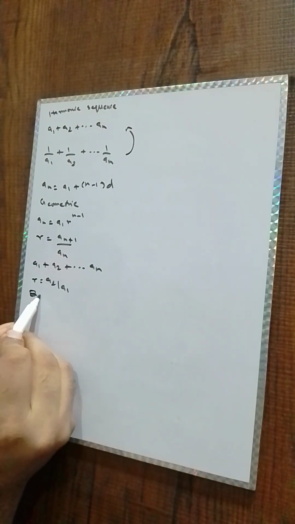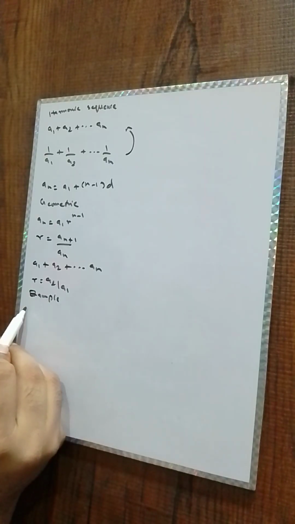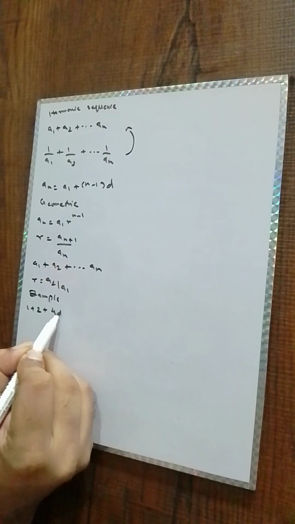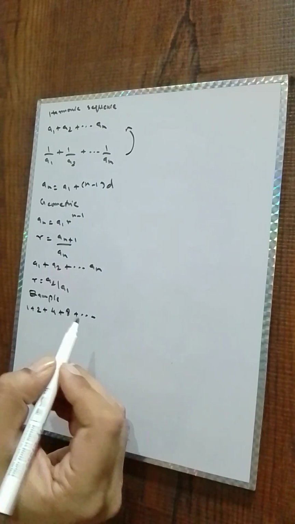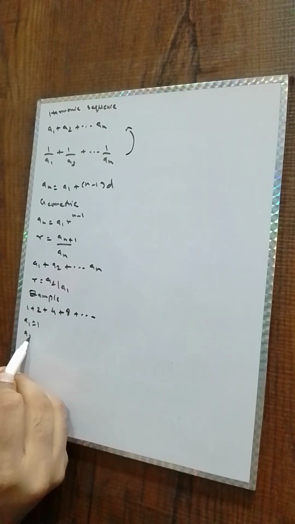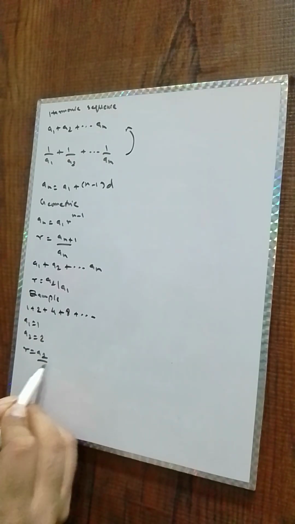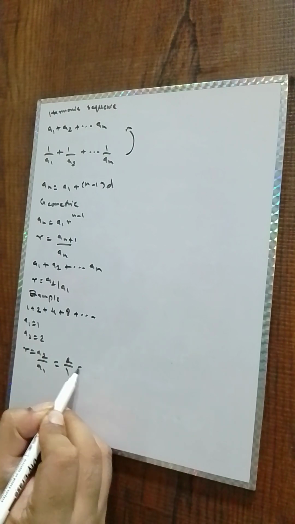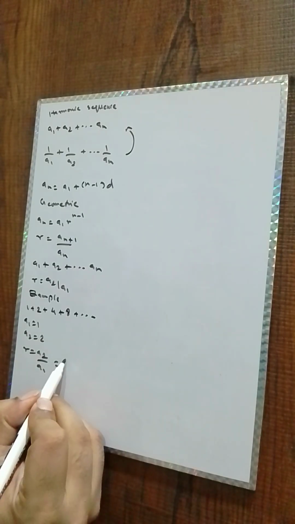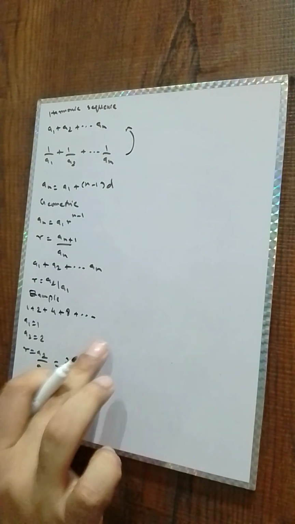For example, we have a sequence which says 1 plus 2 plus 4 plus 8 plus up to whatever limit we put. So a1 is 1, a2 is 2, r is a2 by a1, which is 2 by 1, which is 2.